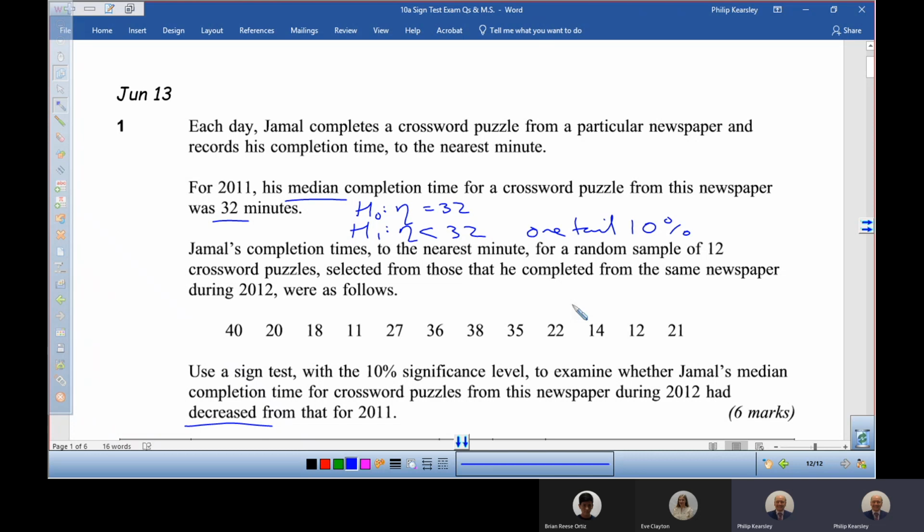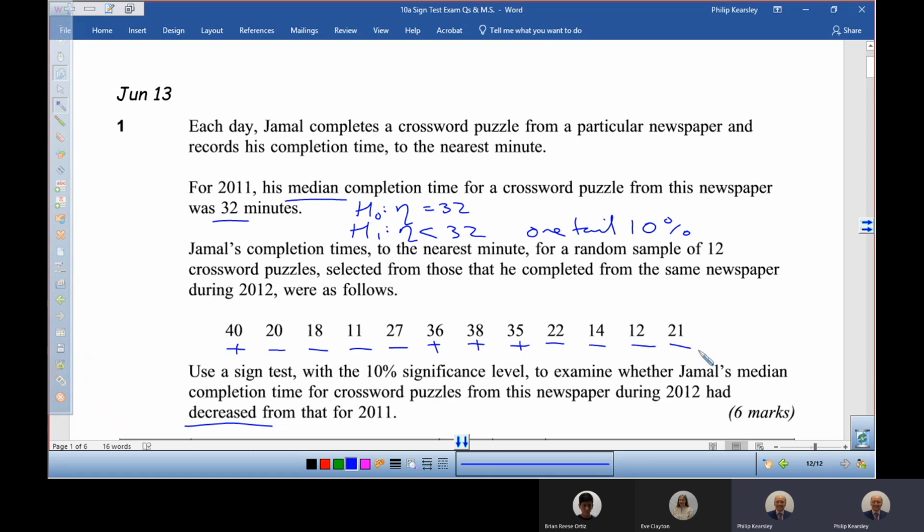Okay? Because it's just the simple sign test, there's no sign then ranking, all I care about is did it take longer or less time than 32. Longer, so plus, shorter, shorter, shorter, shorter, so minus, minus, minus, minus. Longer, longer, longer, so plus, plus, plus.